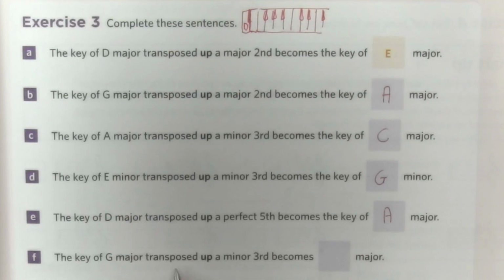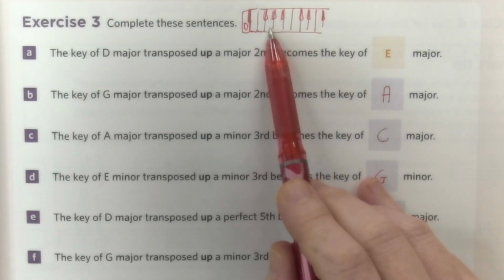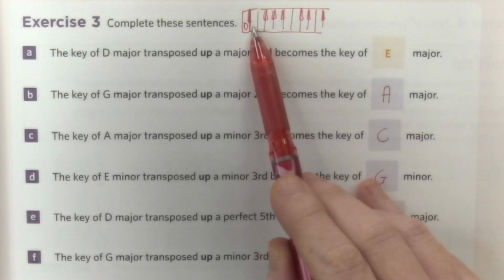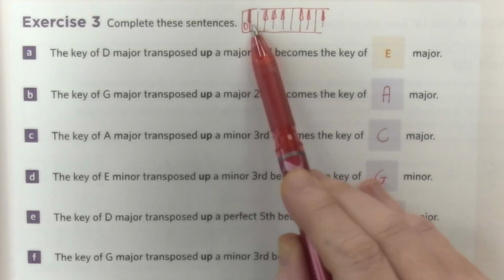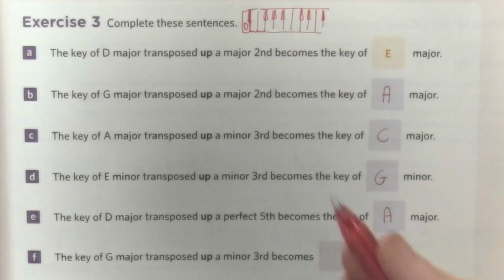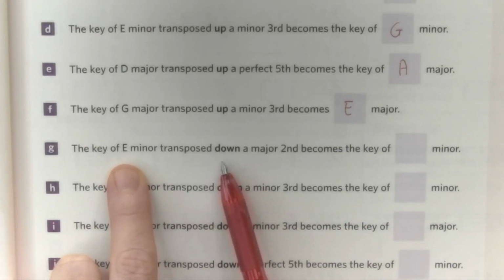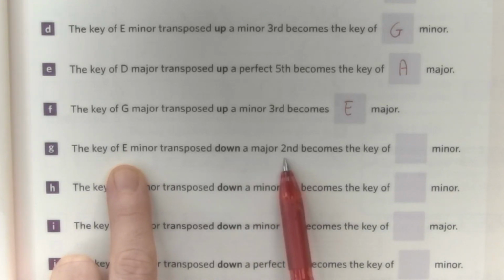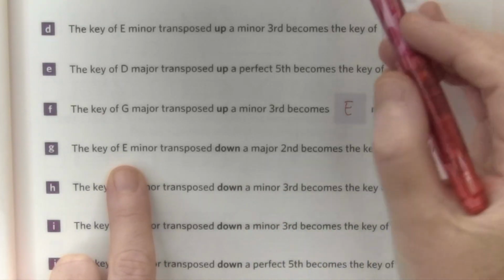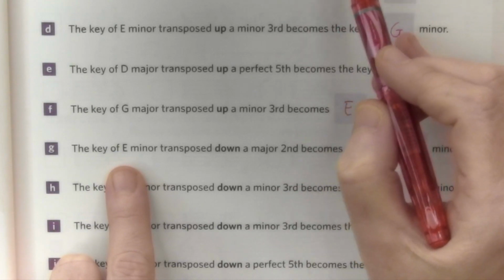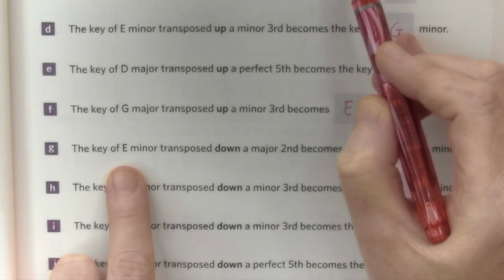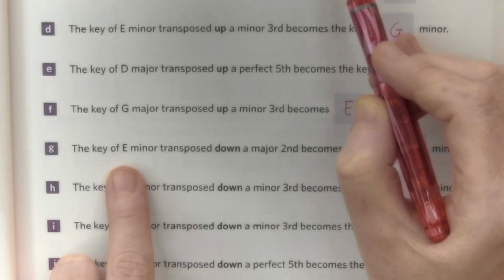G major, a minor third lower, it's 3 semitones lower. So 1, 2, 3. G major becomes E major. E minor, down a major second, becomes D minor.